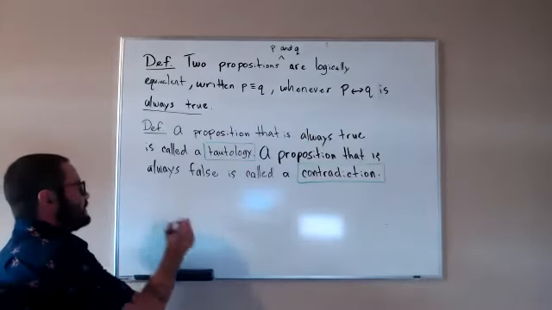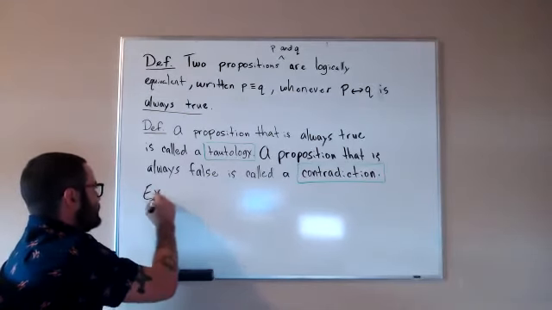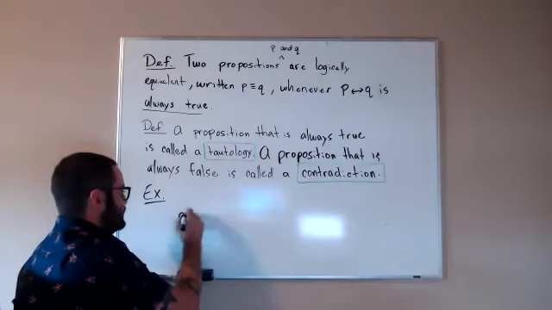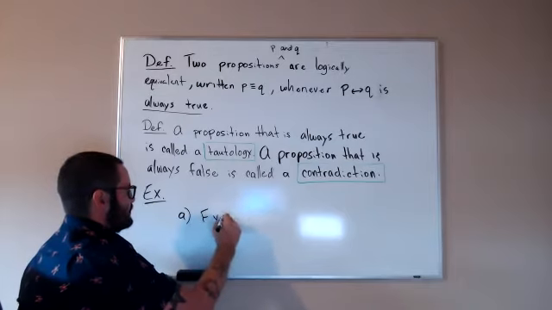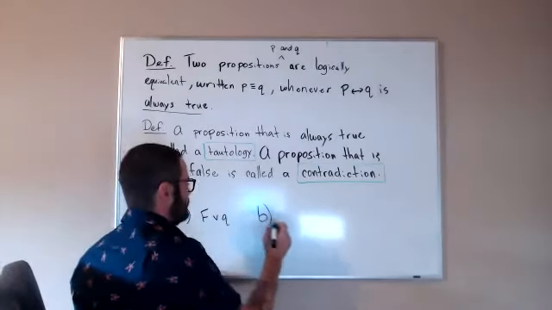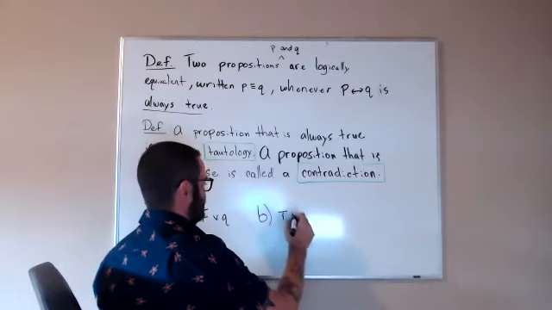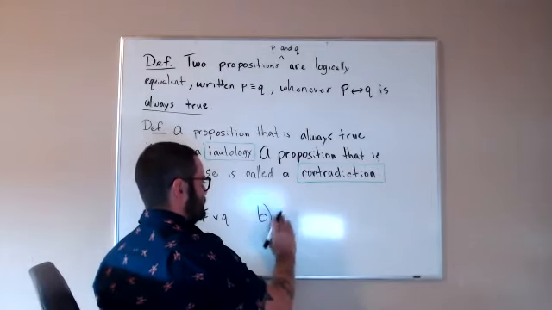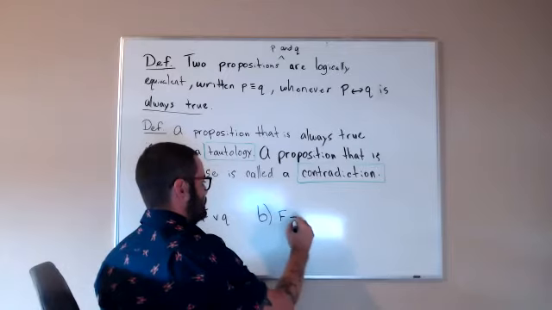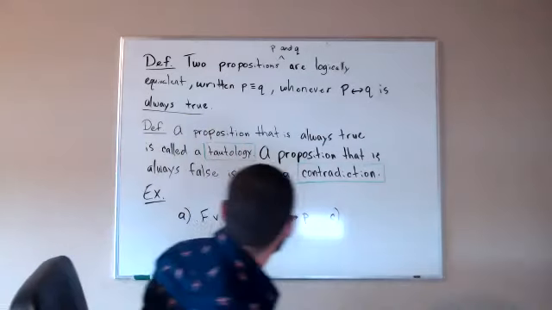So let's look at some examples of tautologies and contradictions. Say P, and then one more here.